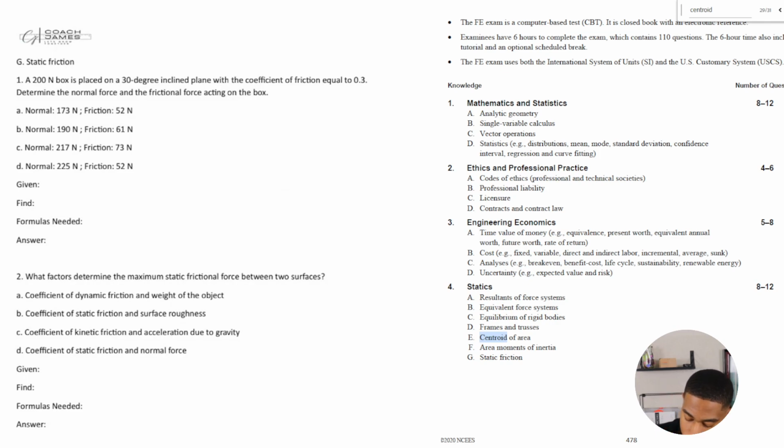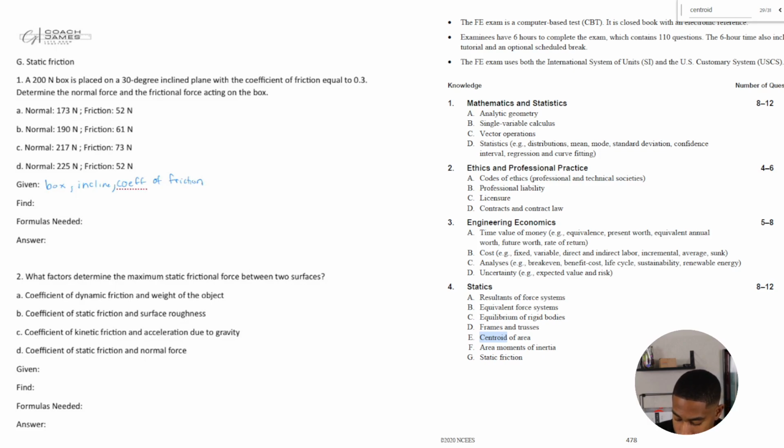So given, we got a box, and they give the box weight, and they say it's on an incline, and they also give the coefficient of friction.